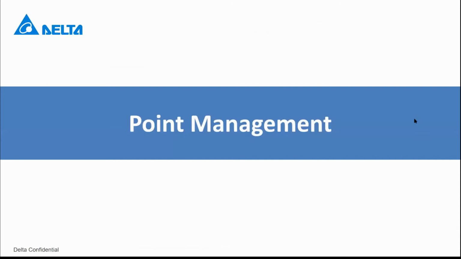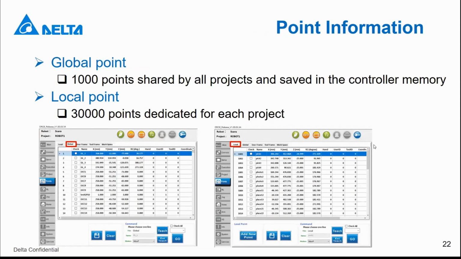And next is the point management. So in our robot system, we have two different point tables. One is the global point. This is a point table which is just stored in the robot controller. So this one can only store up to 1,000 points, but these 1,000 points can be shared by all projects.